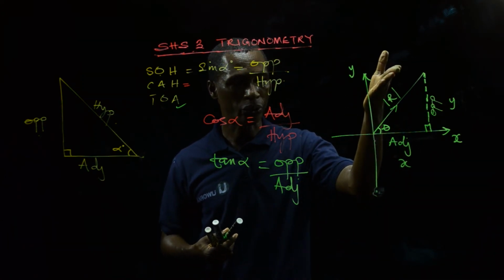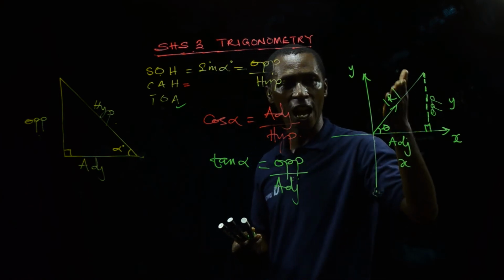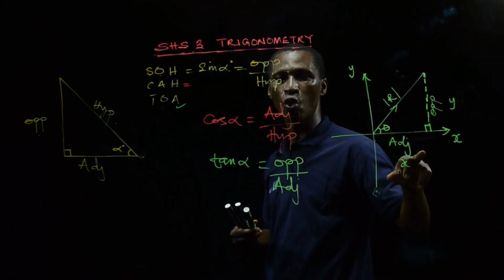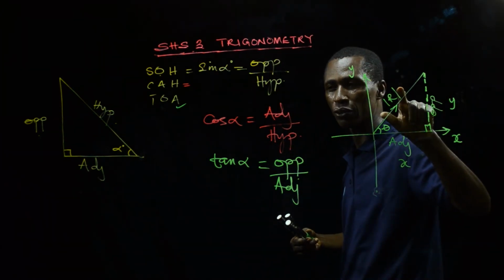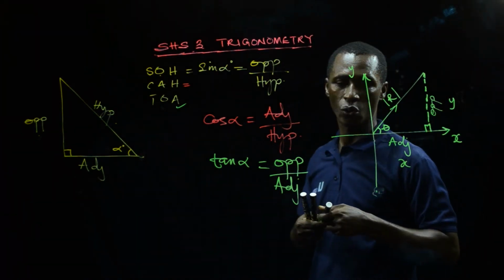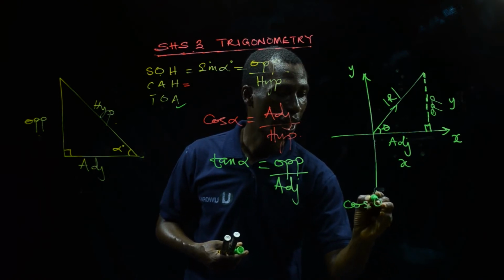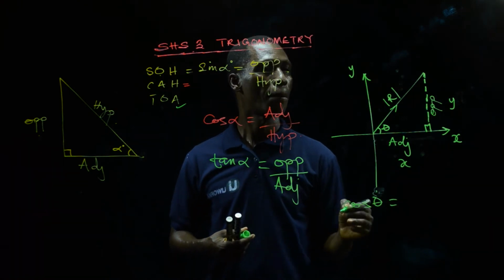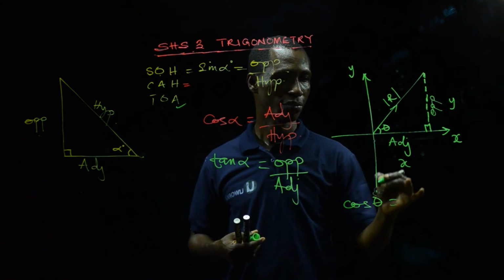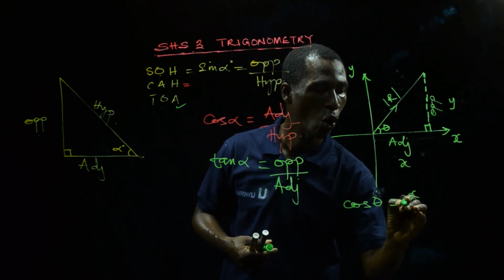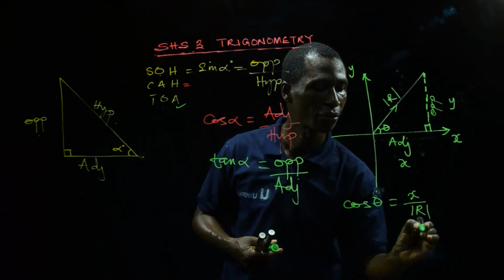X is adjacent and the hypotenuse is R. So what ratio goes with adjacent and hypotenuse? We know it's CAH, so we say cos theta is equal to adjacent on hypotenuse, which is x on magnitude R.